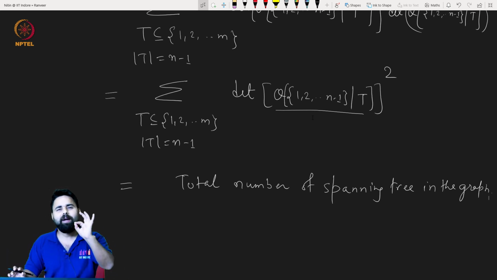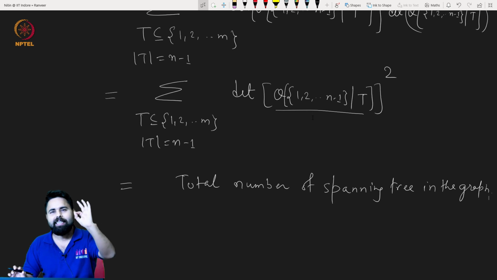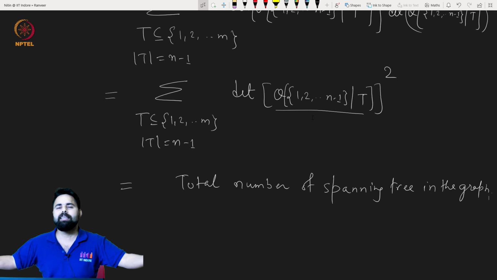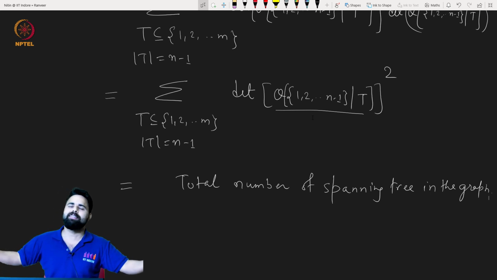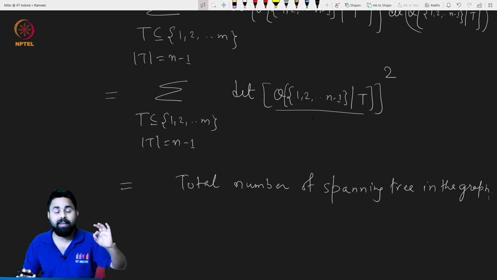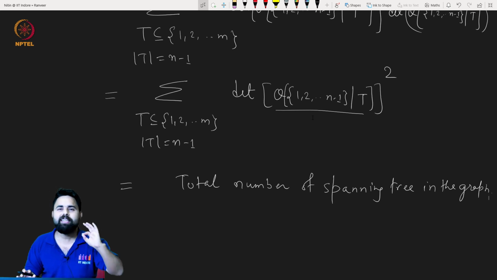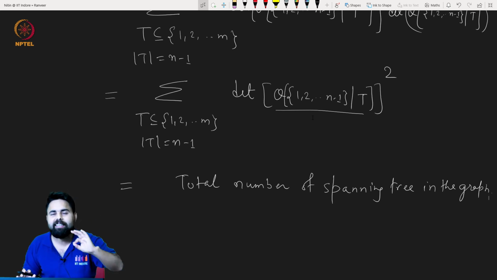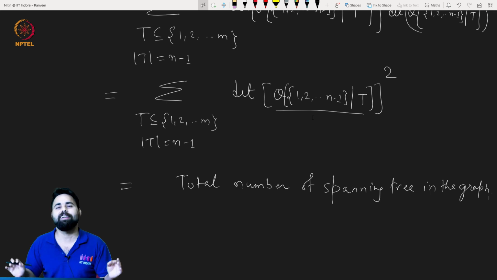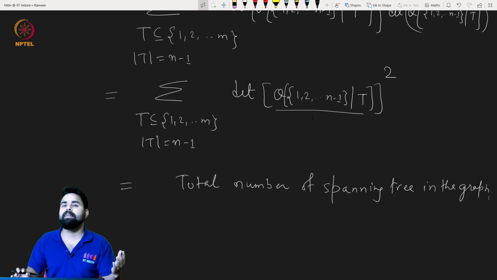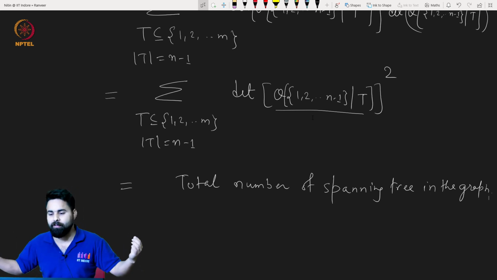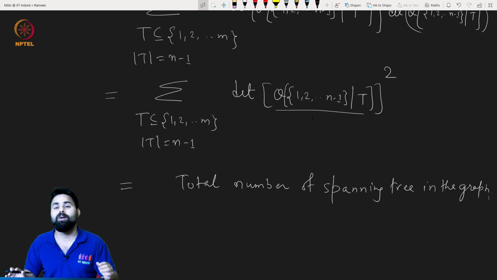But the surprising fact is this: the asymptotic time complexity, basically when n is very large, of matrix product and determinant is the same. Very elegant result. That means you can find determinants in whatever the time complexity of matrix product is.